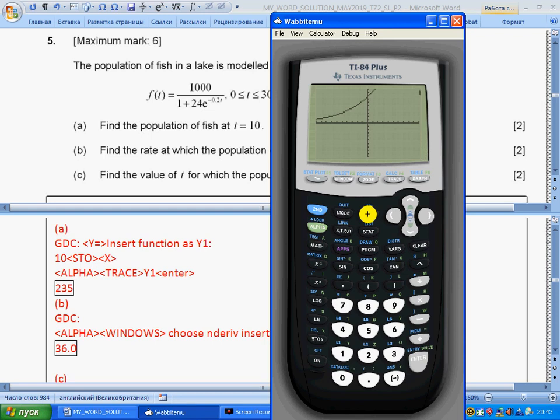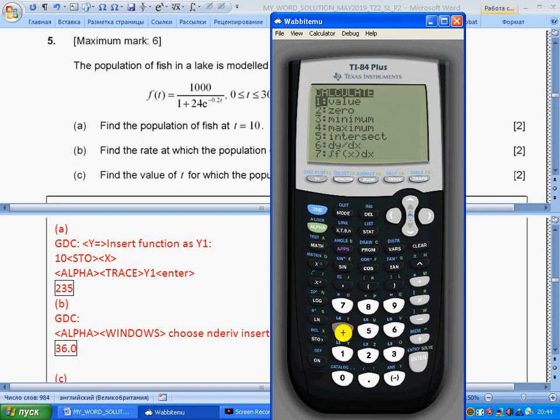Still calculating. Right, now we want to find second trace value at x equals 10. The value is 36.0. Very good.